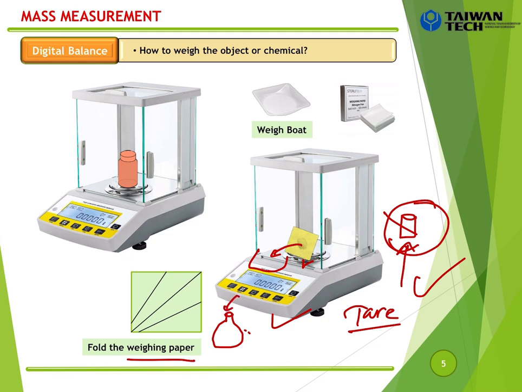So you need to fold your weighing paper with 3 lines as I draw here. Okay, so 1 2 3, you make the lines like this, and then after you put the chemical inside, you can hold this position and this position with your finger, and then all of the chemical stays inside, and then you can add this position, and the chemical just comes to here, and it's easy for you to put into the small neck of the bottle.